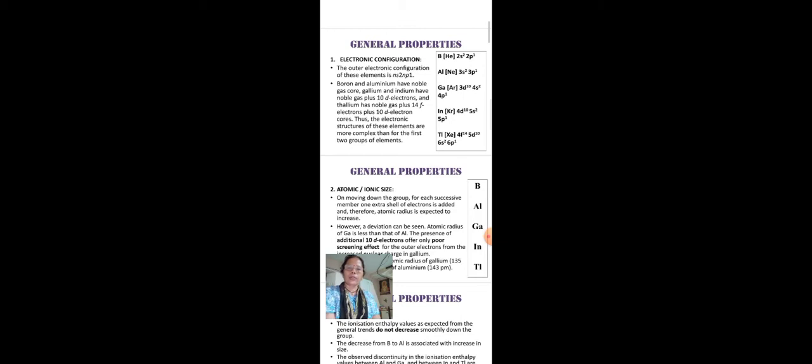Thus, the electronic structures of these elements are more complex than those of the first two groups. As the electrons and shells increase with atomic number down the group, the structure and behavior will vary.